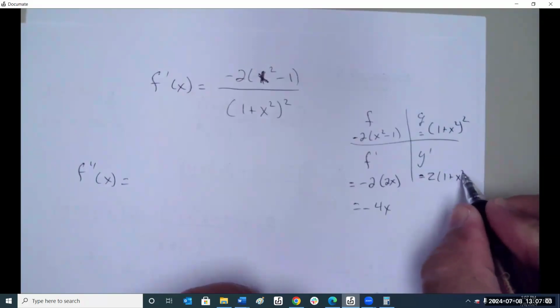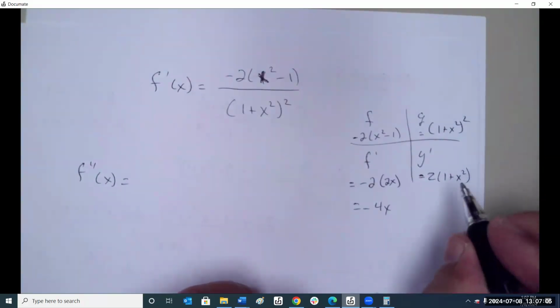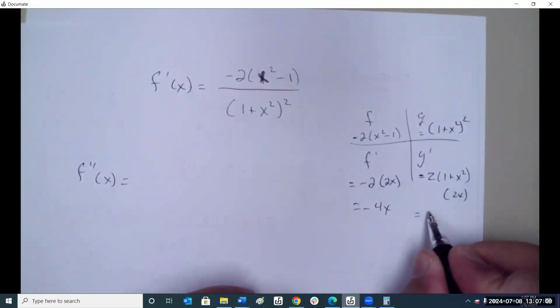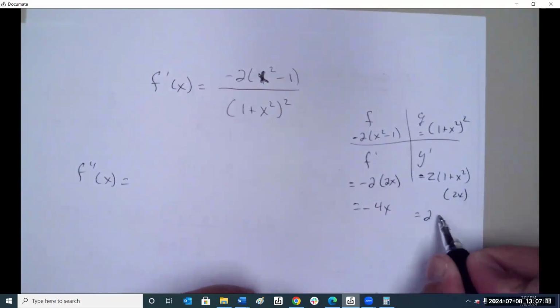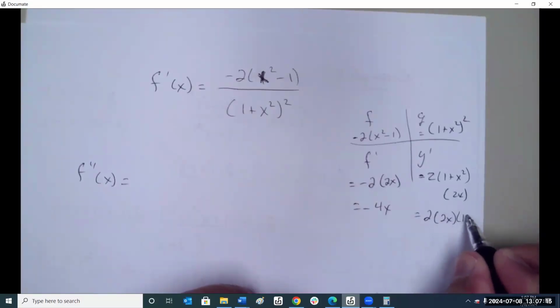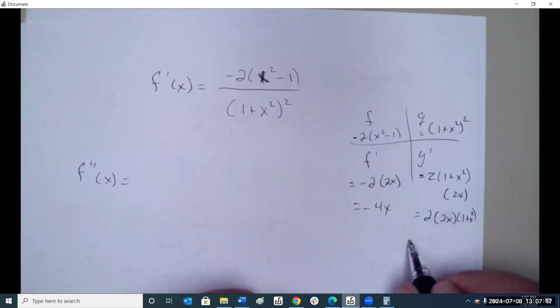1 plus x squared times 2x, 2x plus x squared. Makes it 4x.